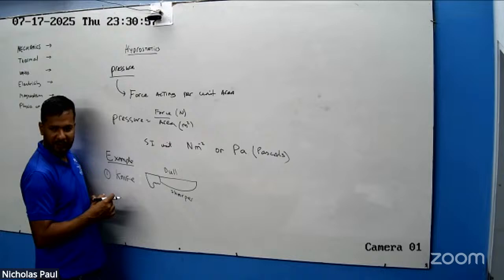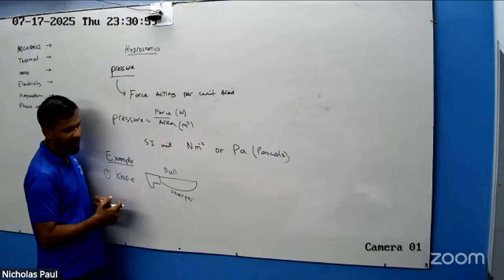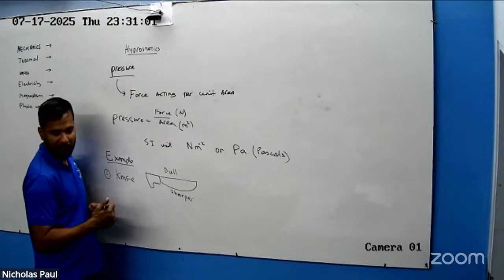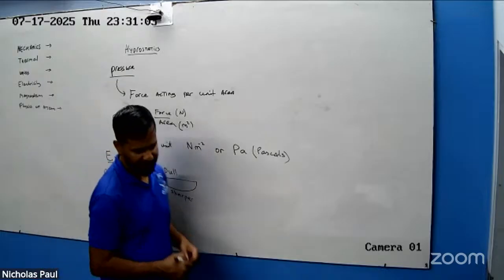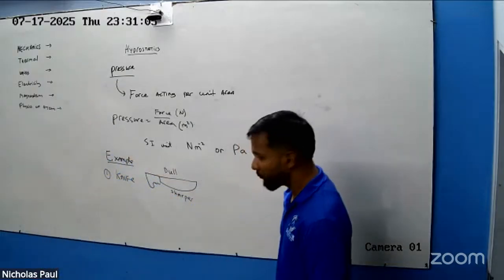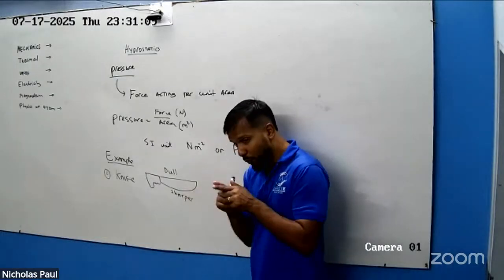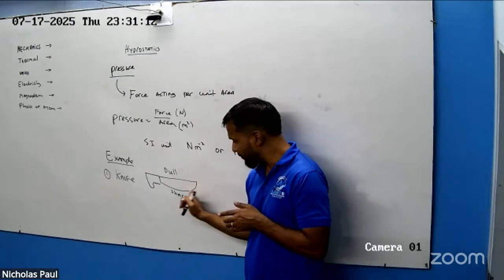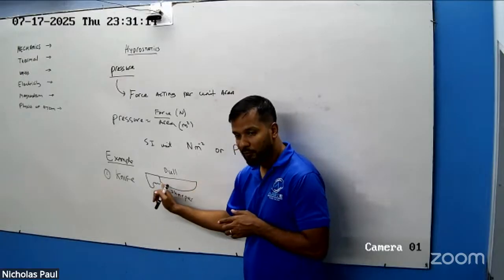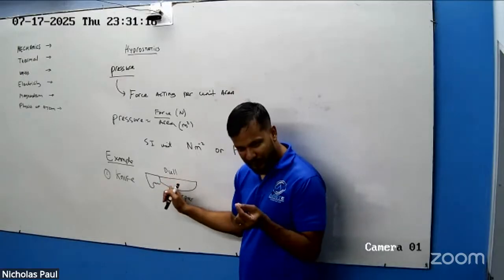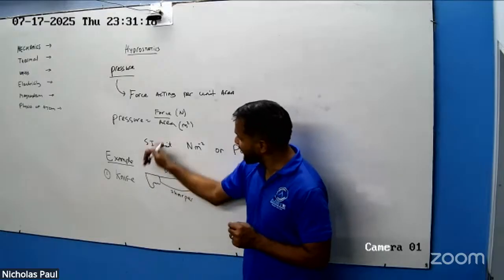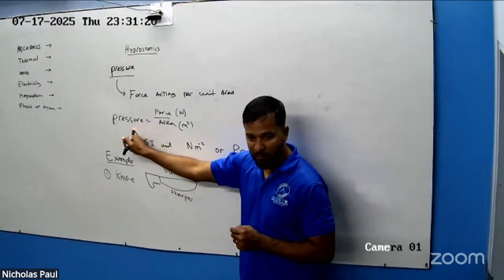Based on what you just learned about pressure, see if we can explain why. Think about the knife. When it's sharpened, here would be a smaller area, and here would be a little bit thicker. And we just learned that the smaller the area, the bigger the pressure.